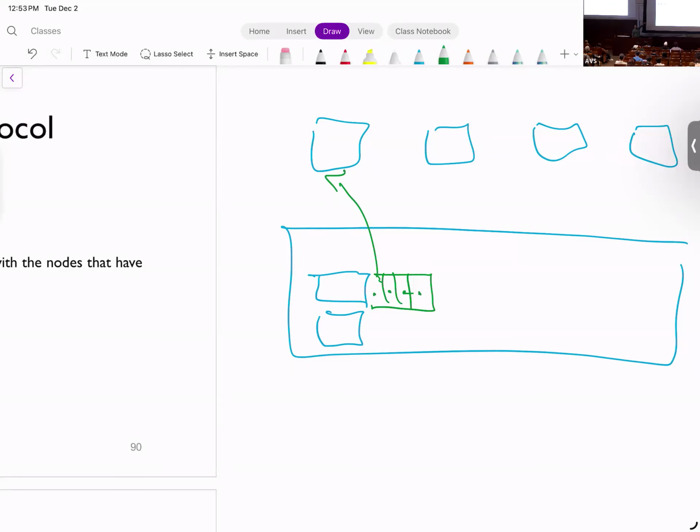Now I can also do other things. If it's a dirty bit, for example, I can have another bit if it needs to be written back, and so on. The good thing about this is that I don't need to broadcast. Everything is done in the memory. The problem though is that I need to access the main memory.